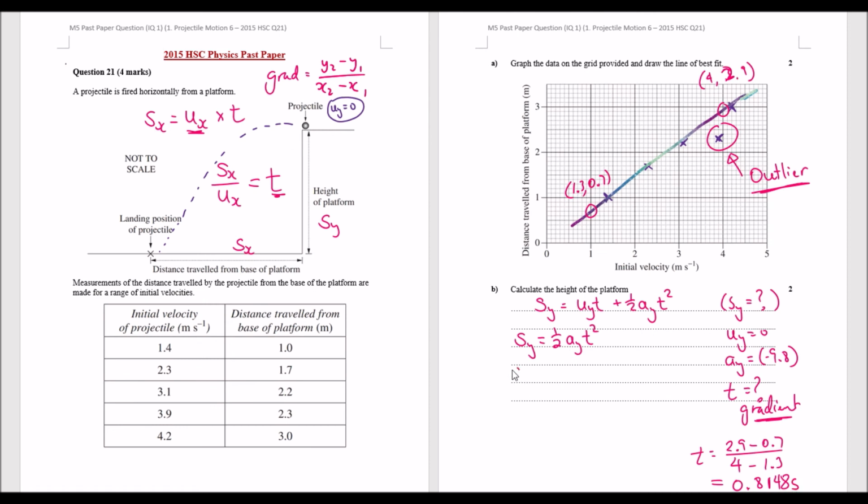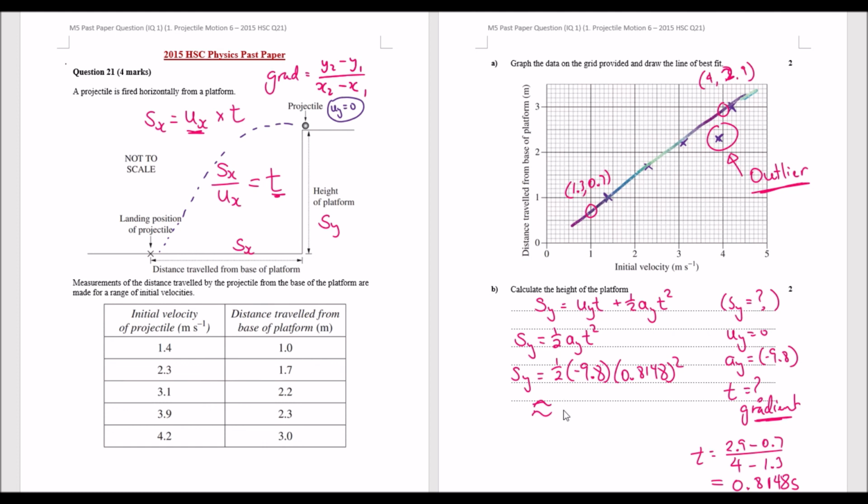Okay, so let's put this into my chart here. That t squared is 0.8148 squared, and so approximately speaking, let's see what we get. So obviously this is how much we've fallen by.